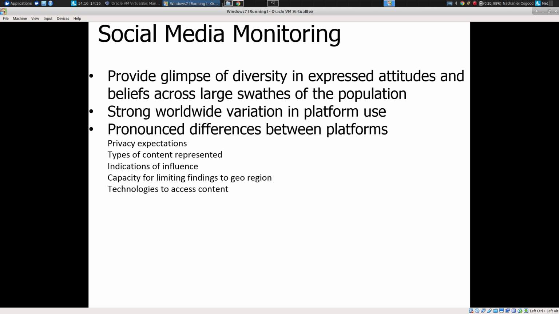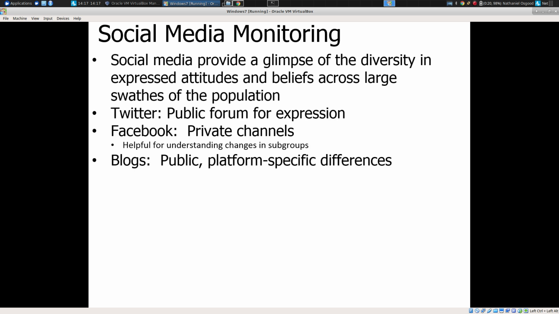So the privacy expectations are very different, and one can't just clump these all into the same source. They do provide a glimpse of diversity and attitudes and beliefs across swaths of the population, and there's a strong, as we said, variation in use.